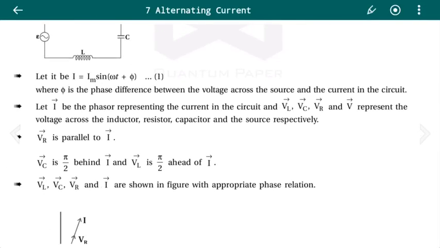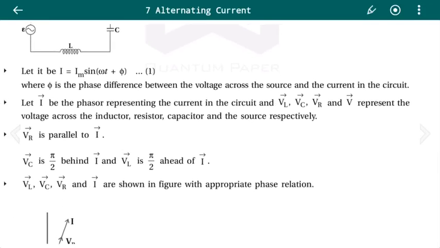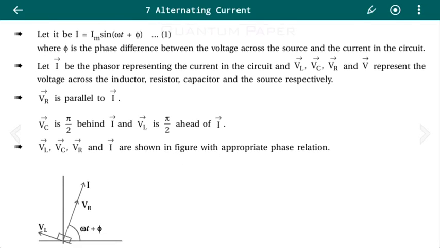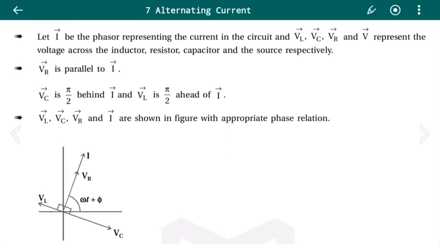Let I be the phasor representing the current in the circuit, and VL, VC, VR and V represent the voltage across the inductor, capacitor, resistor and the source respectively. VR is parallel to I. Here VC is pi by 2 behind the current.